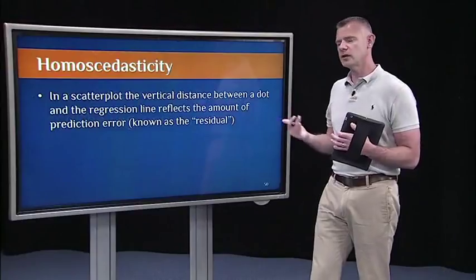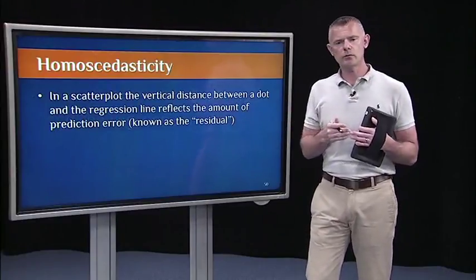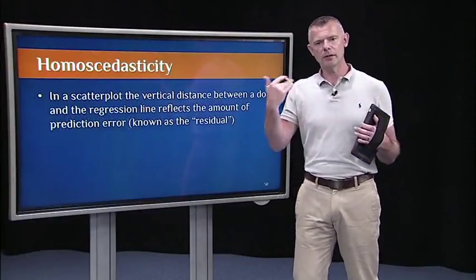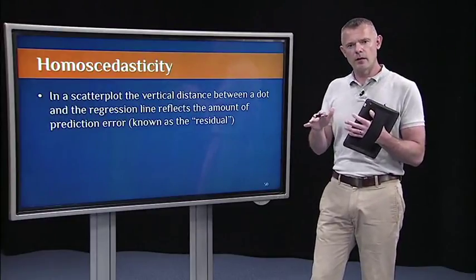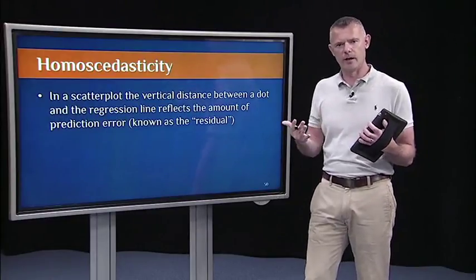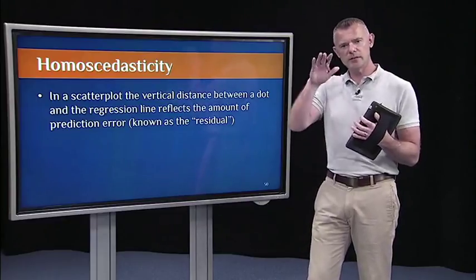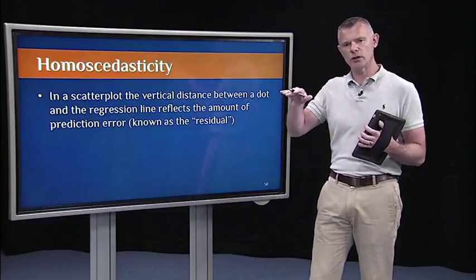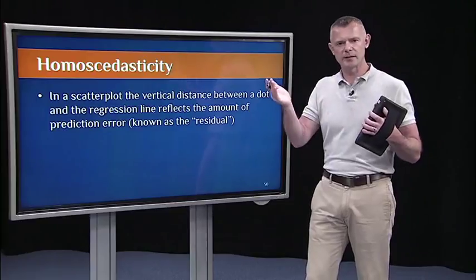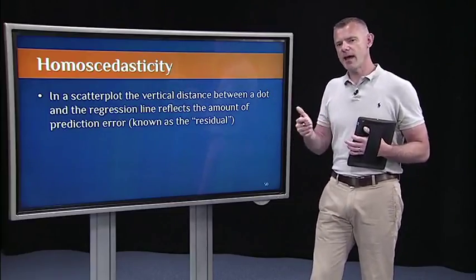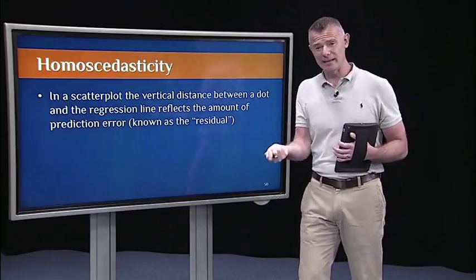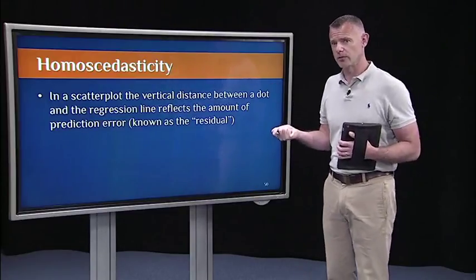The idea of homoskedasticity is that those residuals are not related to x. Because if there were, then we might have some sort of confound in our study, right? The residuals, the prediction errors, should just be chance errors. They shouldn't be systematic. If they're systematic, then the residuals will be related to x. And I'll show you examples of that in a moment.